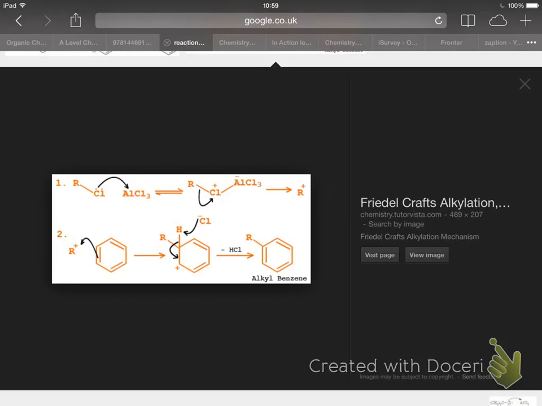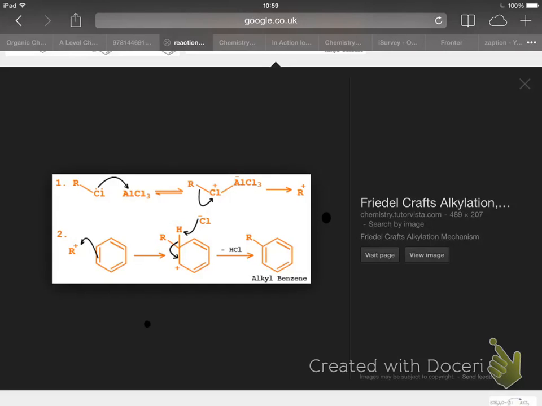So this is when we've got alkylation, but the same principle is going to apply for bromination as well. So we've got an AlCl3, which is a Lewis acid, so it's acting to accept the lone pair from the chlorine. And then we end up with this intermediate, which means we form AlCl4 and our R plus electrophile.